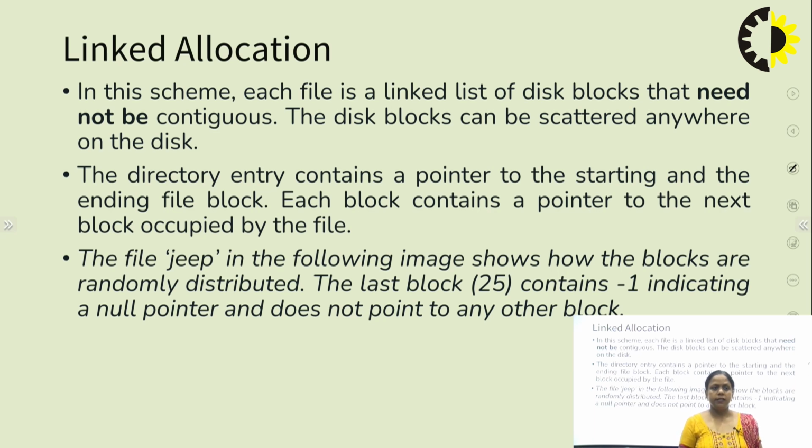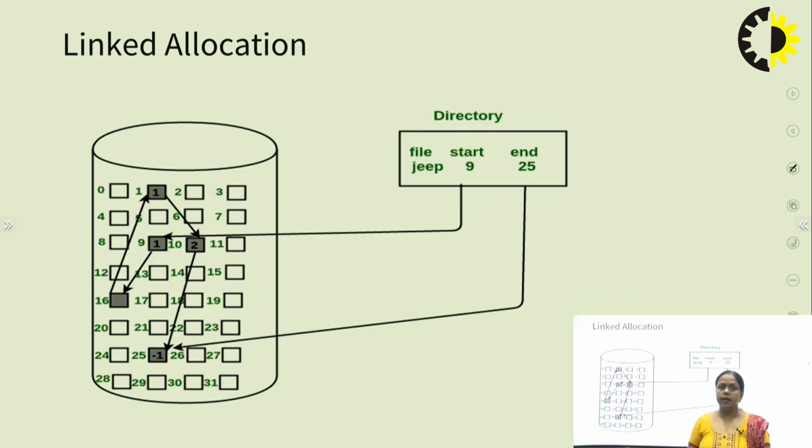So in this case, like a linked list, we have pointers, and one block will have a pointer to another block. Each block contains a pointer to the next block occupied by the file. We are giving one example of file G in the next image. You can see here this is the directory information.